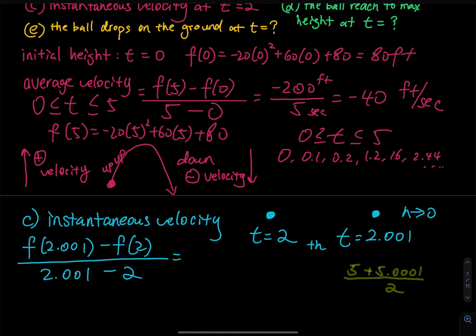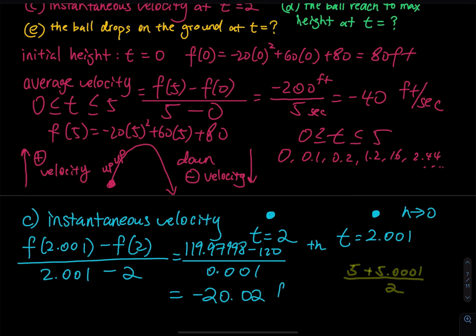You plug it in, and you will get 119.97998 minus 120 divided by 0.001. So that equals negative 20.02 feet per second.